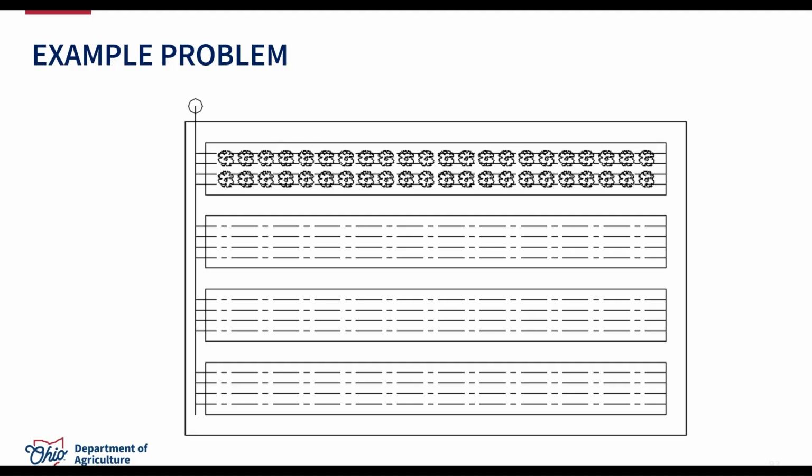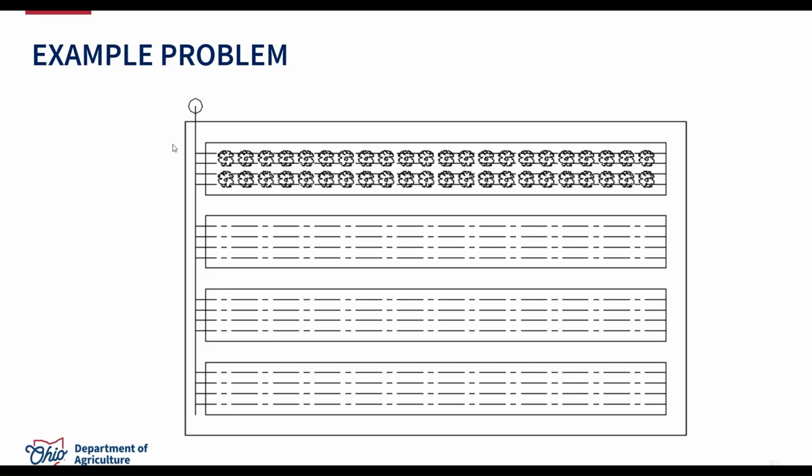So now we're going to take this 736 feet of drip tape and divide it into our flow rate that we found, so that 4.62, and then we'll multiply that value by 100 in order to find how many gallons per minute we need per 100 foot of drip tape.